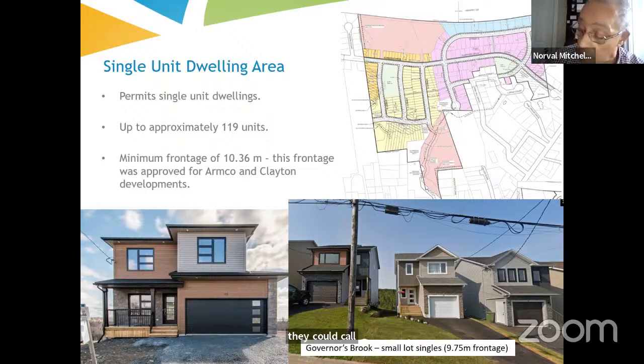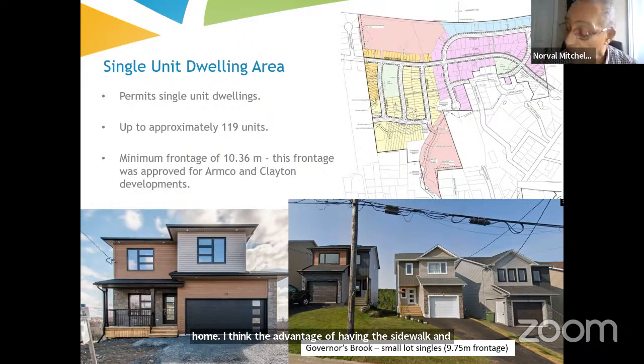I think the advantage of having the sidewalk and the active transportation trail would provide an area for people to walk to work if that's their desire, or to bike. And not everybody going forward is going to be able to afford a car. And if we have transit down the road, it might provide another way of them getting to work, especially up in the areas of Sobeys Superstore.